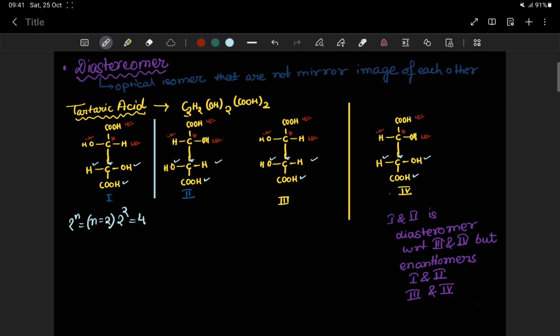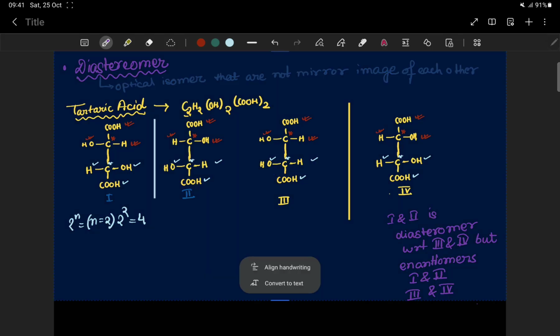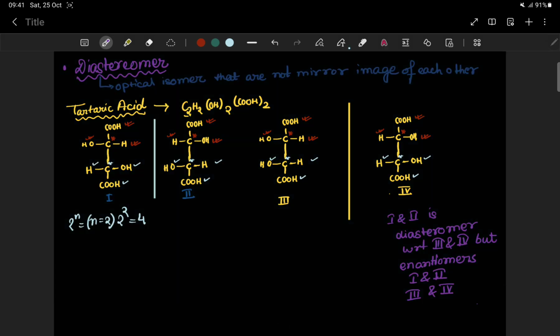Fine. As you can see, the optical activity depends on the chirality of the carbon. So see, I am showing you how you can see whether this is optically active or not. Let me take another magical pen over here. Okay. What's wrong? I don't know. Sorry. Is anything wrong? Okay, sorry. Okay.